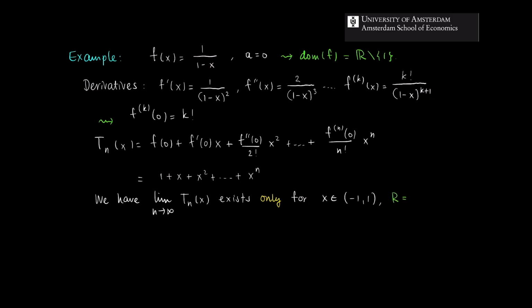So we have a convergence radius of 1. So we also have that f(x) equals its Taylor series only on this interval, only for x between minus 1 and 1.